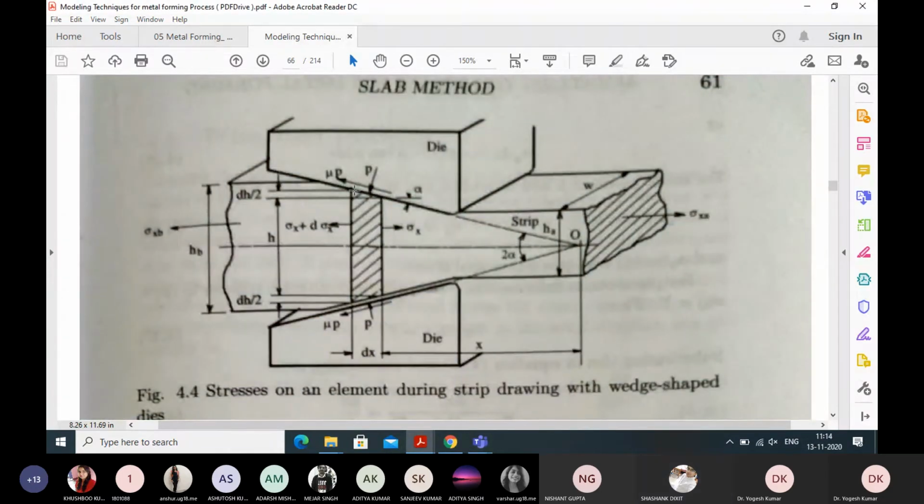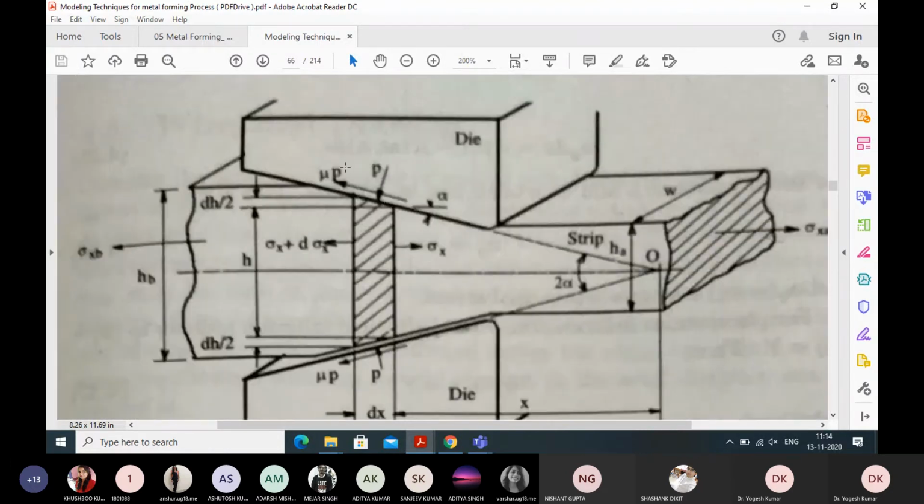Yes, sir, on the inclined side this will be dx upon cos alpha. If something is not understood, please stop me, otherwise it will be difficult for you to understand by self study. This is dx, and this length will be dx upon cos alpha.